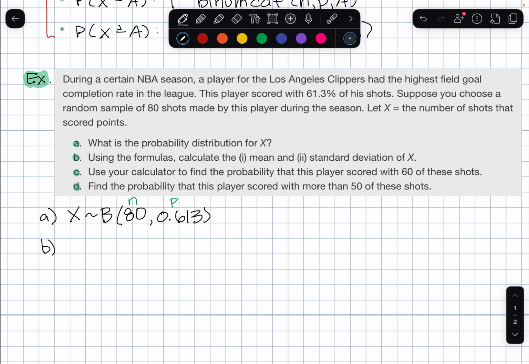For B, it says, using the formulas, calculate the mean and standard deviation. So mu and sigma of X. So we know mu is N times P. That's going to be 80 times 0.613. And I'm going to do that off to the side here.